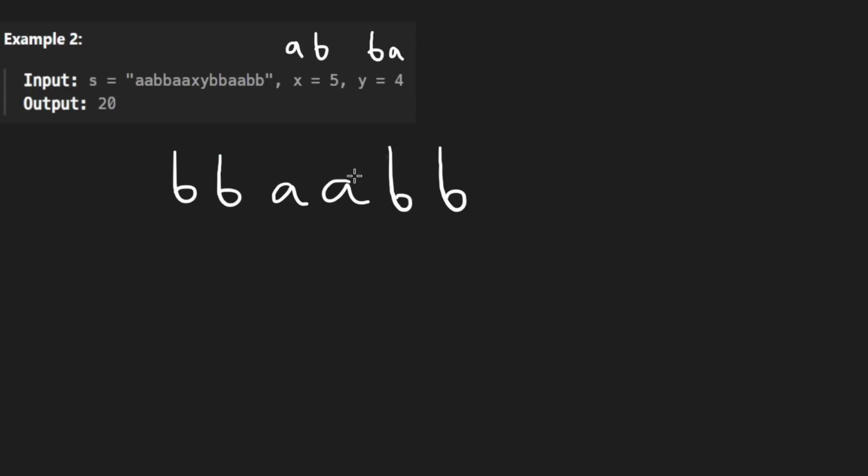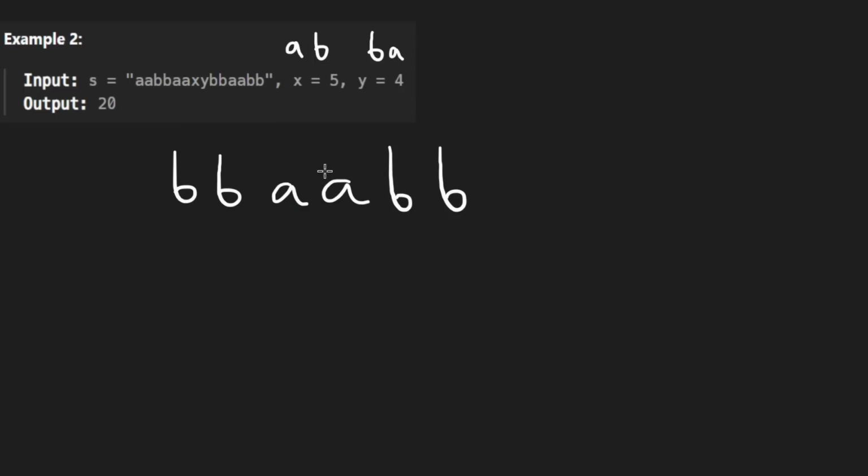We want the AB. Get rid of this, and now we have another AB. Get rid of that again. That gave us a score of 10. If we did not do that, this is what we would have had. We would have had the BA, and then we would have had the AB. That would have been a 9. So clearly, the approach of just looking at the element and comparing it with the previous one and potentially looking at the next element is not going to work.